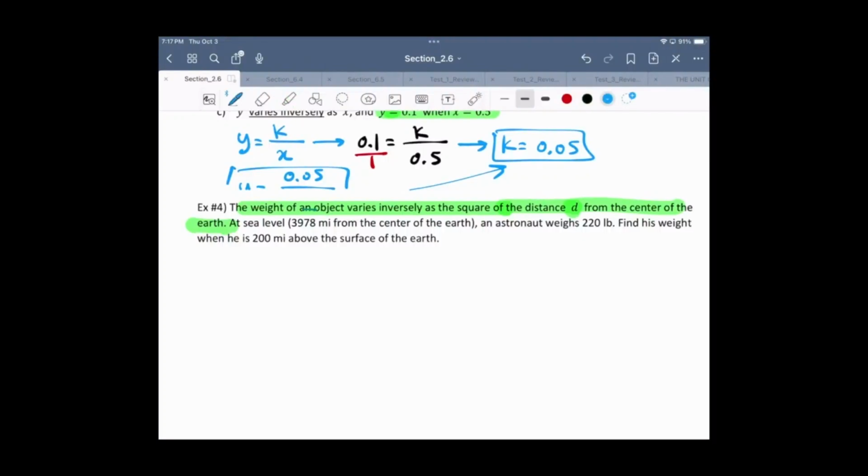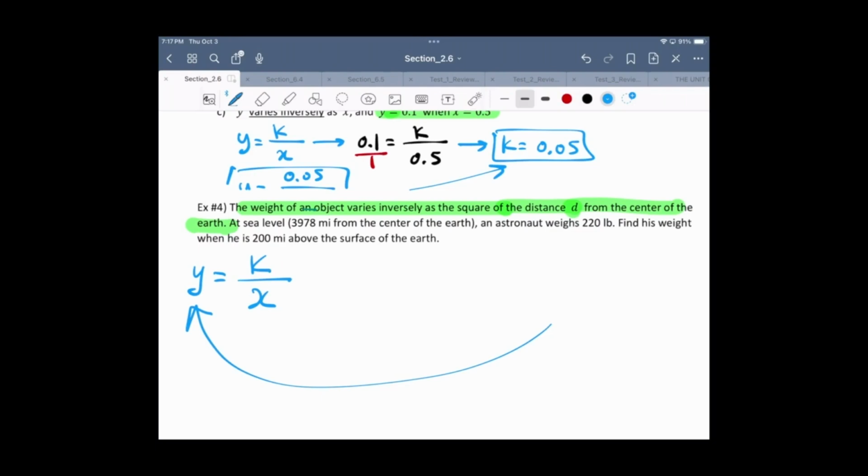So, because this time, even though we're told, and let me write the formula first, it is y equals k over x for inverse variation, we have this formula, right? But because it says the weight, and now let me replace y, which is the dependent variable, right? In this case, weight depends on the distance d from the center of the earth, right?